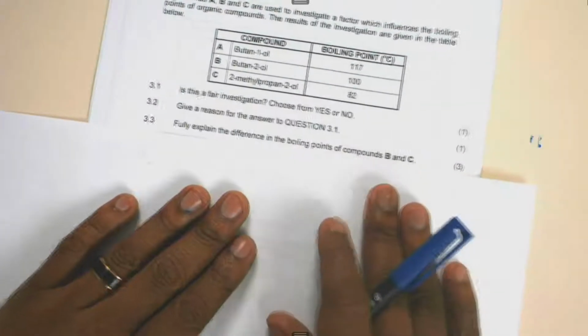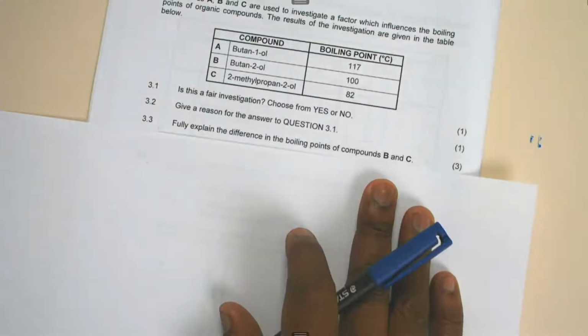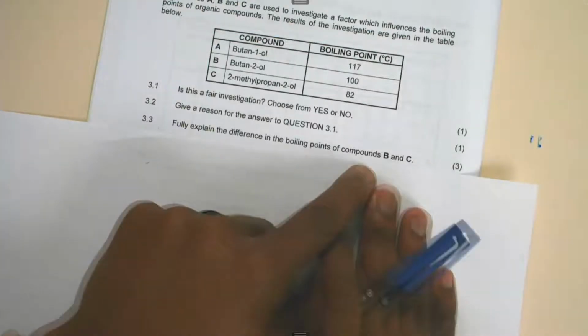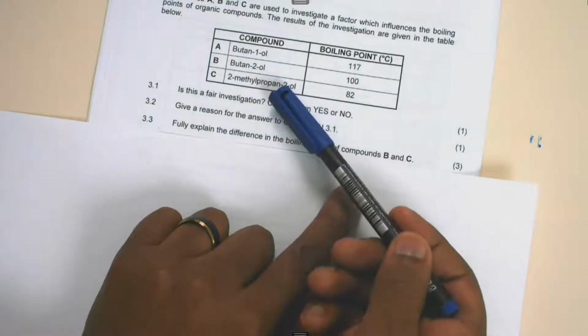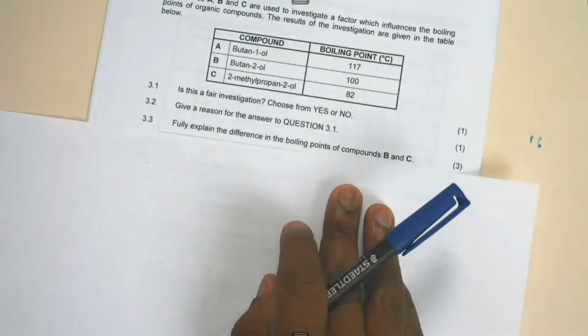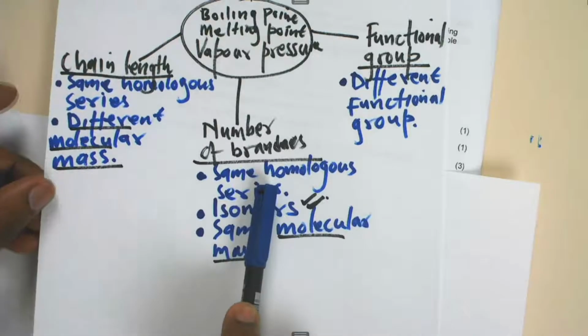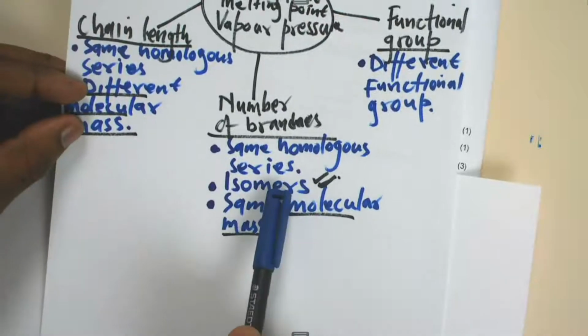It says now, fully explain the difference in the boiling points of B and C. B and C becomes a fair comparison because the position of the functional group is at carbon number 2, and also they belong to the same homologous series. Do they have different molecular mass? No, they don't have a different molecular mass. They are just isomers of each other.